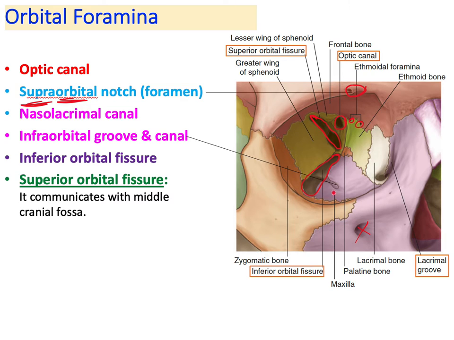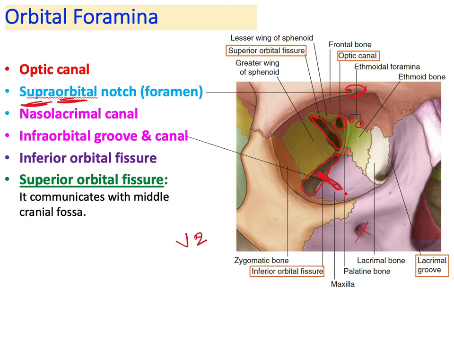Also, look at the maxillary bone here. You remember maybe V2, which is the maxillary nerve, a branch of the trigeminal nerve. It passes from here, the maxillary nerve. Once it passes here, this groove is called the infraorbital groove.